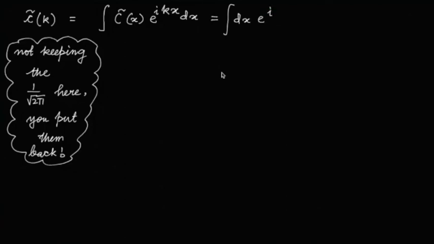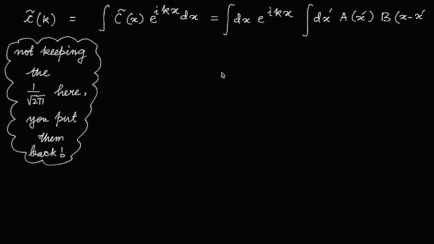Now C(x) I can write as another integration between a and b, but now this integration variable has to be something other than x, otherwise it will be confused with the first one. So this is A(x') B(x minus x').